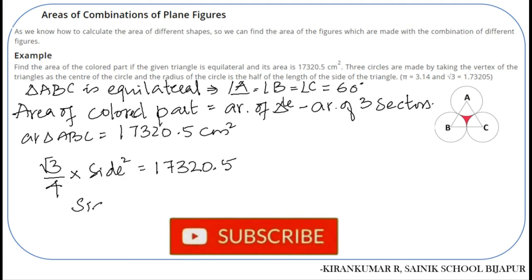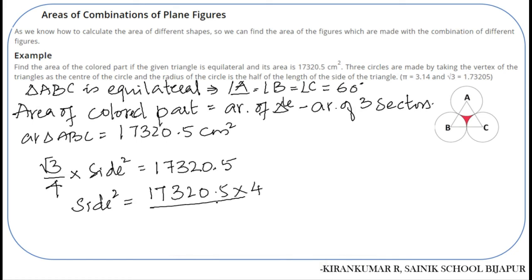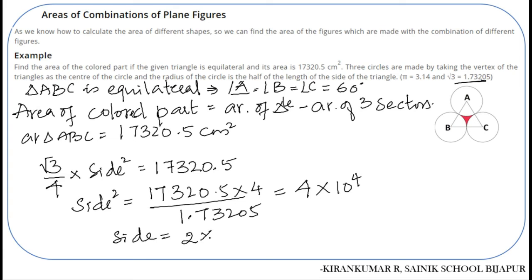So I can find the side square as 17320.5 multiplied by 4 divided by 1.73205, because they have given the root 3 value as 1.73205. On simplification, we get it as 4 times 10 raised to the power 4. So the side will be 2 times 10 square, which is 200 centimeter. So we have found the side.